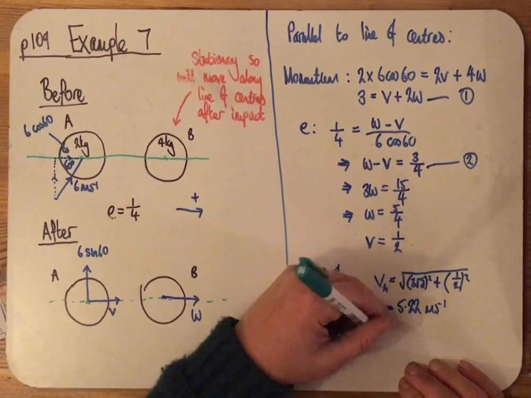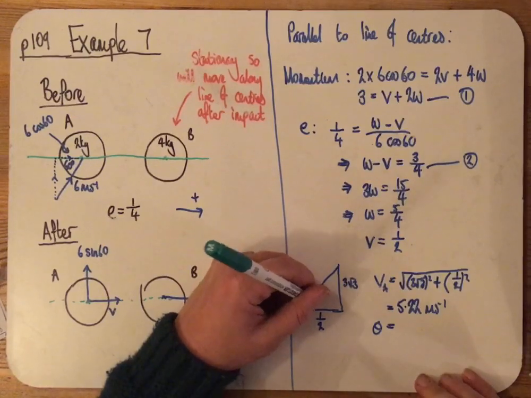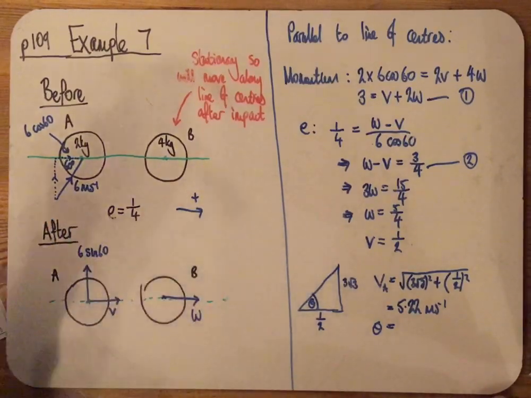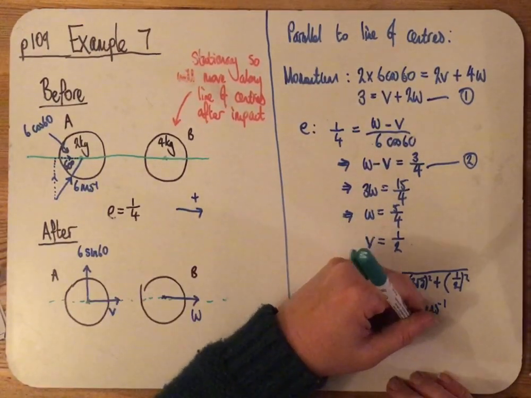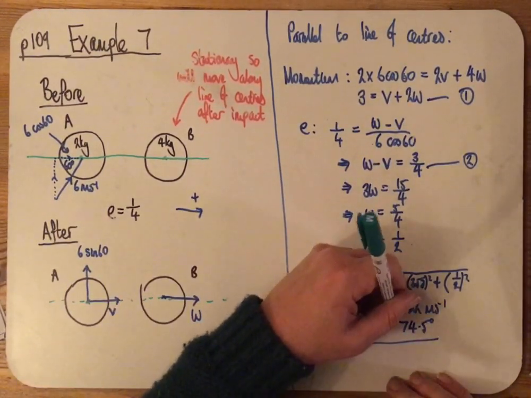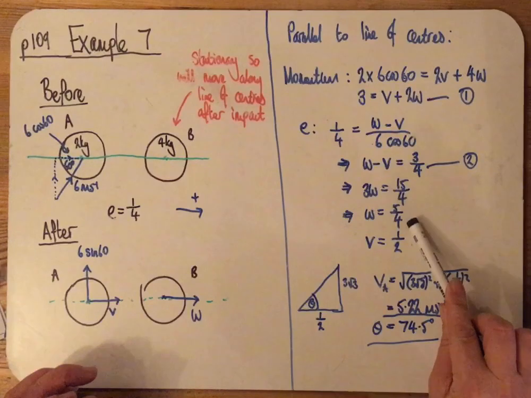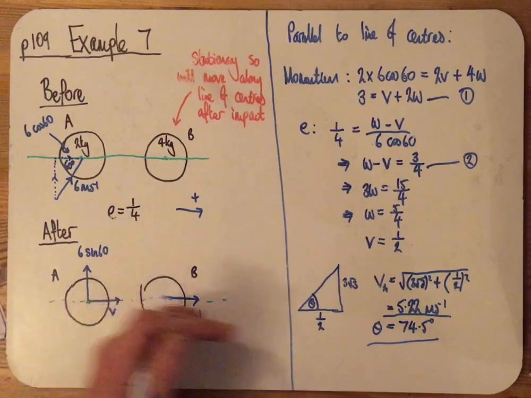And the angle theta, so we can take this angle with the line of centres, we can take as being arctan of 3√3 over 1/2. I'm hoping I've got this written down nicely for you. I think that is 74.5. But I haven't written it down very nicely, so you can check that if you want to. And then the velocity of B is obviously 1.25 meters per second along the line of centres.